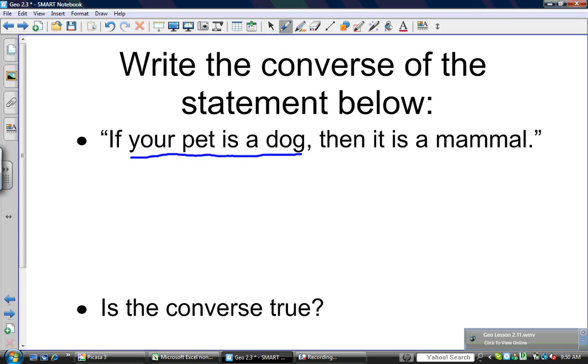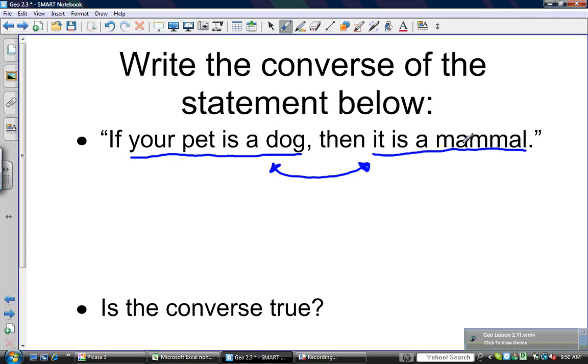After if, we have your pet is a dog. After then, we have it is a mammal. So if I reverse these two parts, like so, we would say if it is a mammal, then your pet is a dog.